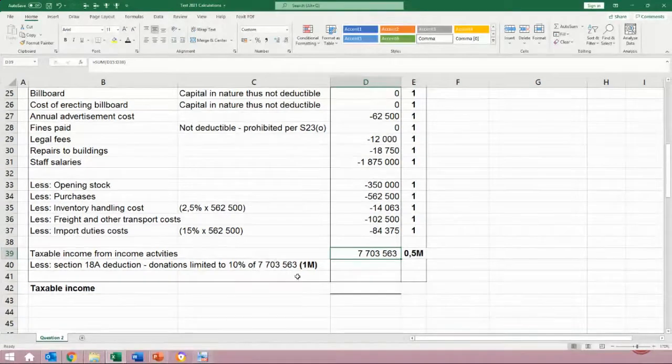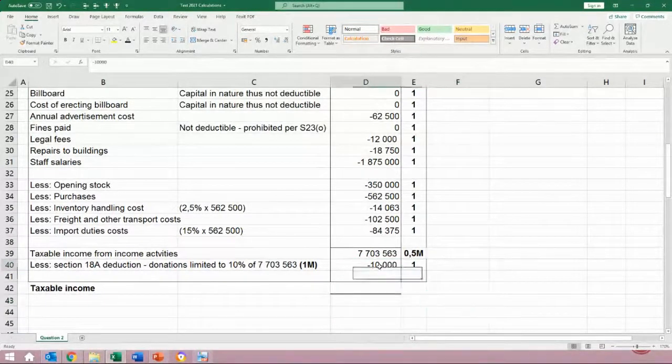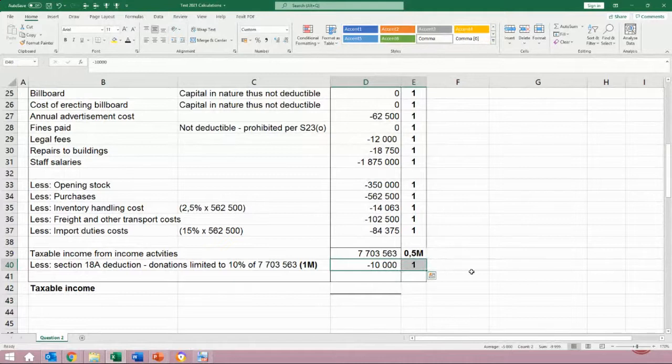Now this is the maximum you can deduct, which would have been 770,000. But because the actual donation is less than that amount, we are only allowed to deduct what we've actually incurred, which was the 10,000. So a lot of you showed this and received the mark for deducting the 10,000.